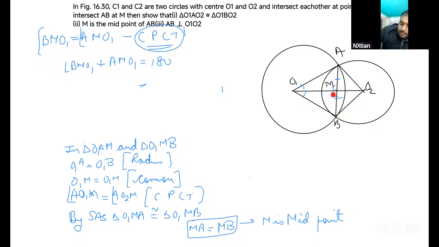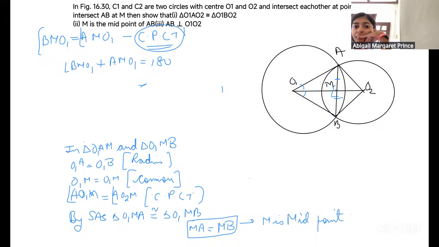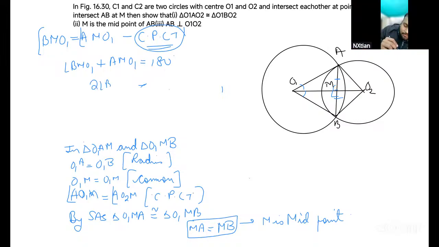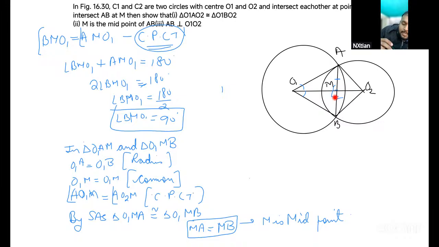Then the sum of this angle plus this angle is equal to 180 degrees. So now it will become twice of angle BMO1 is equal to 180 degrees. So angle BMO1 is equal to 180 divided by 2. So angle BMO1 is equal to 90. And this question is saying that AB makes 90 degrees with O1 and O2. So when we prove that this is 90 degrees, the third part is also over.